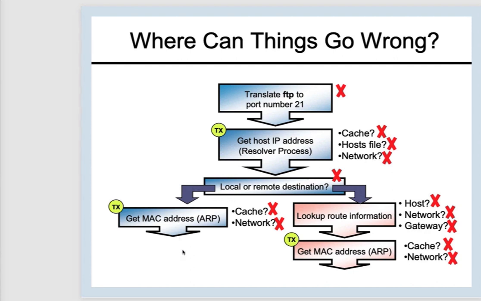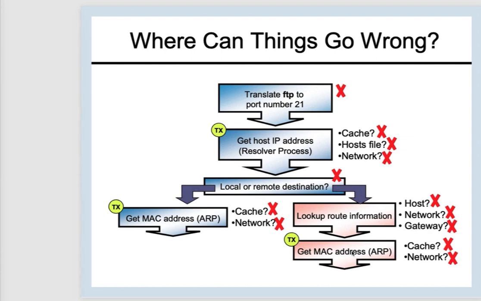And if our destination is local and the MAC address is not in our cache and we can't get a response to our ARP, then that's our problem. So in each case, when we're looking for something, we're going to transmit a packet. Maybe we compare these two IP addresses. Our destination is not local, so we need some routing information.